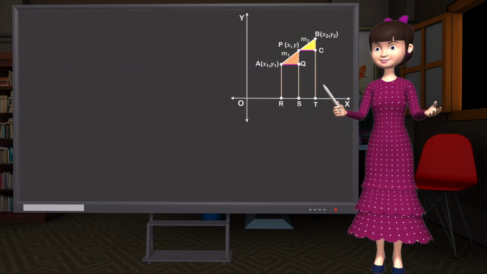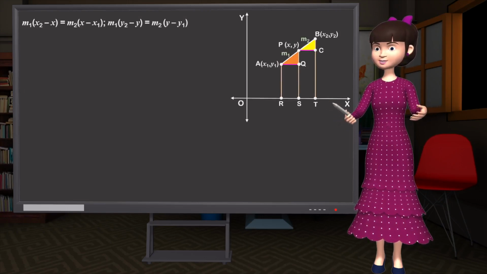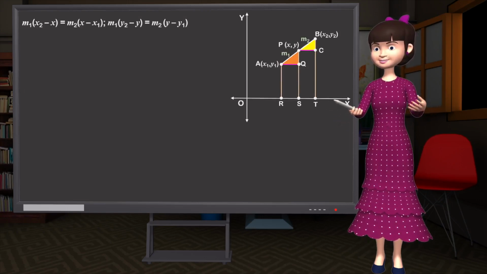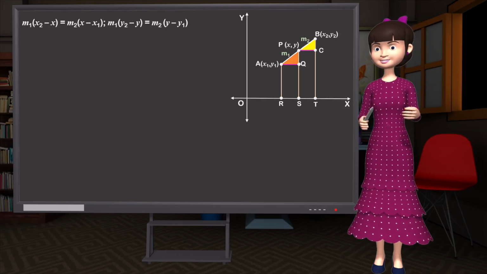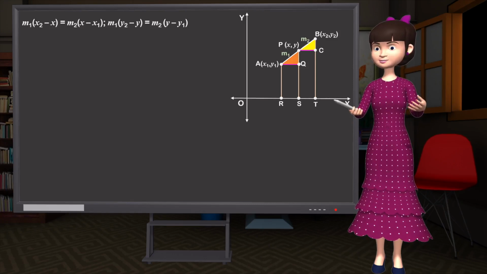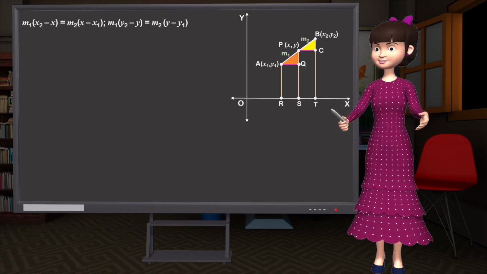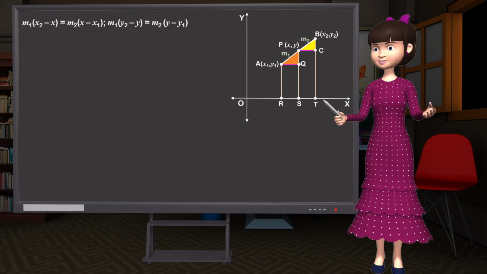Using cross multiplication, we get m1 into x2 minus x is equal to m2 into x minus x1, or m1 into y2 minus y is equal to m2 into y minus y1.